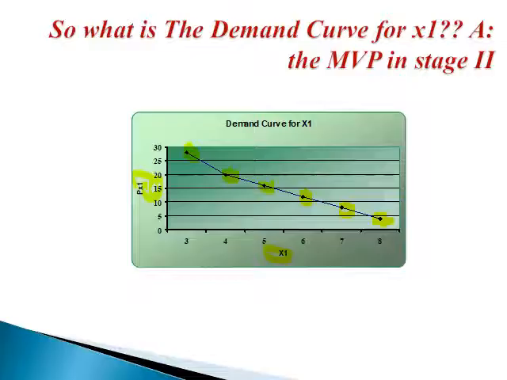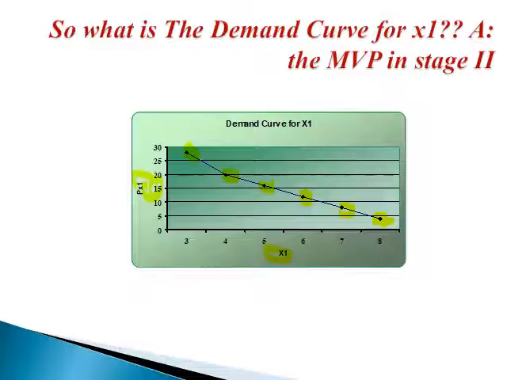What is of importance is what happens once the VMP of the variable input intersects with the AVP of the variable input. This is the beginning of stage 2. Even that point is not a rational point. We have to go a little beyond, because I told you that the borders of the second stage of production are not included in the rational usage of x1.